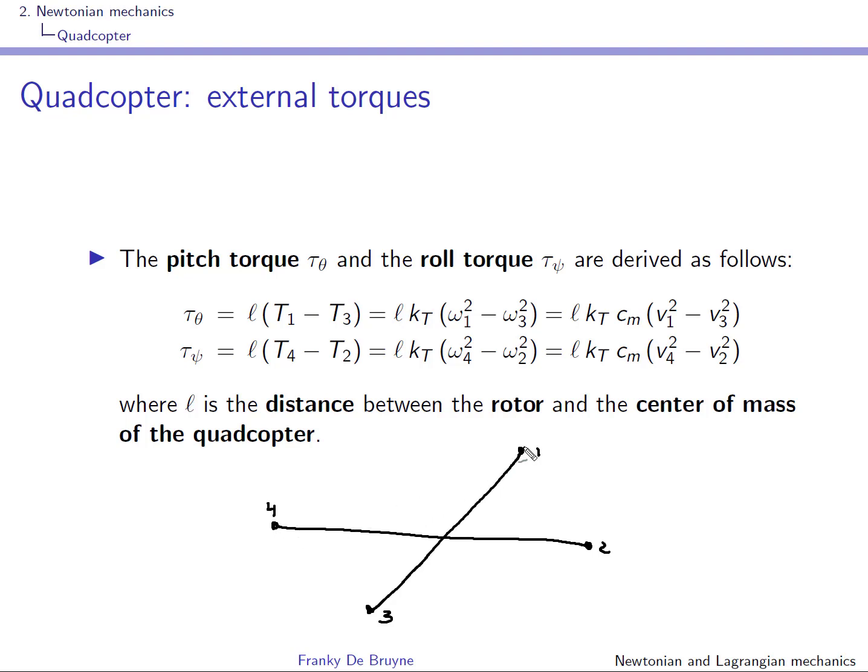Each rotor produces a thrust, T1 to T4, as shown on screen, right?